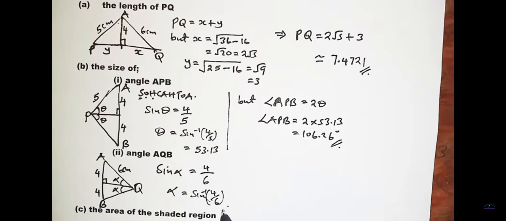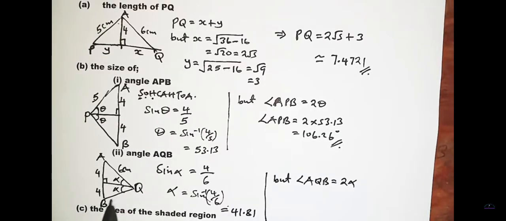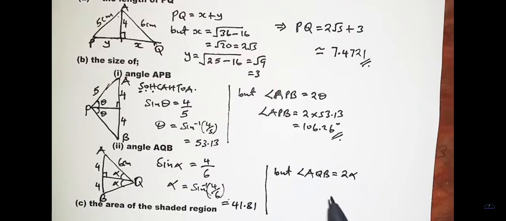And that should be 41.81. But we also know that angle AQB is twice alpha. So we have twice alpha, the whole of this angle. So that means AQB is 2 times 41.81, and that is 83.62 degrees.